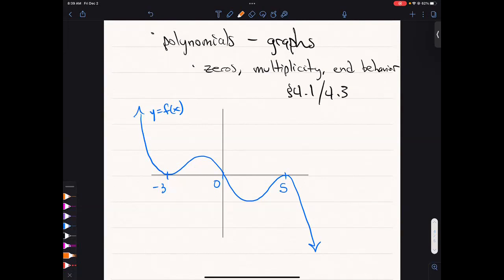Where are they? There, and there, and there. What are their multiplicities? Two. Why 2? Bounce it off. Yeah. Even means that it's going to sort of bounce off, right? Odd means that it crosses, and we're going to assume things are as small as possible. So 2, 1, and 2.